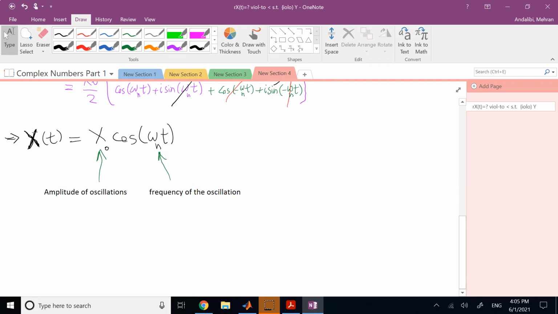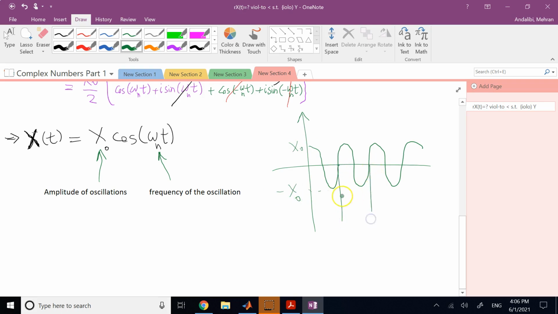Okay, but clearly the system will exhibit oscillations with magnitude x naught. Correct, so this is x naught here. This is negative x naught. And the period of the oscillation from here to here, if you call it T, this T is equal to 2 pi over omega n.